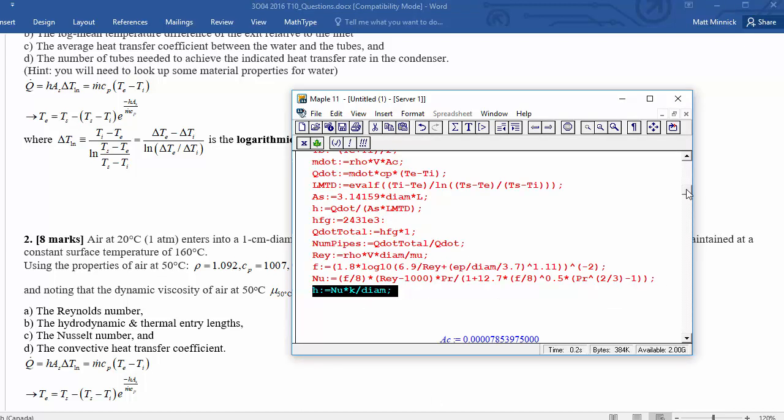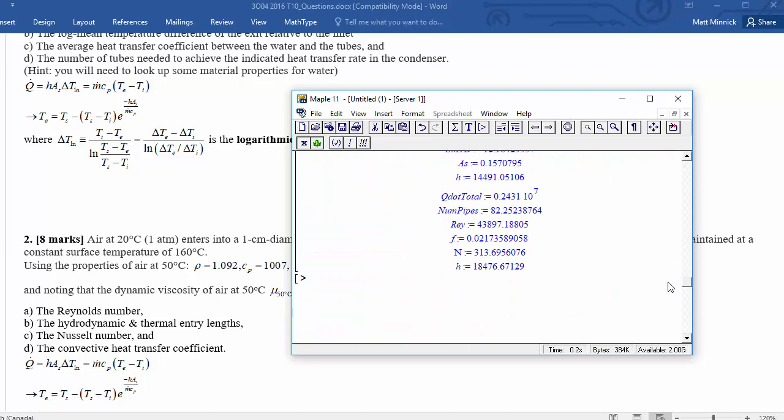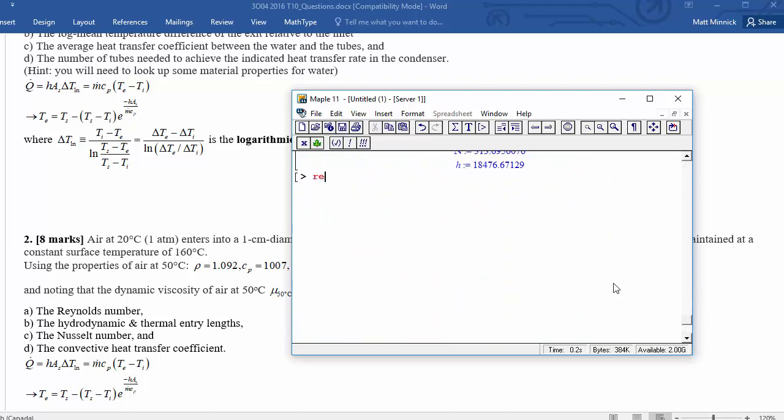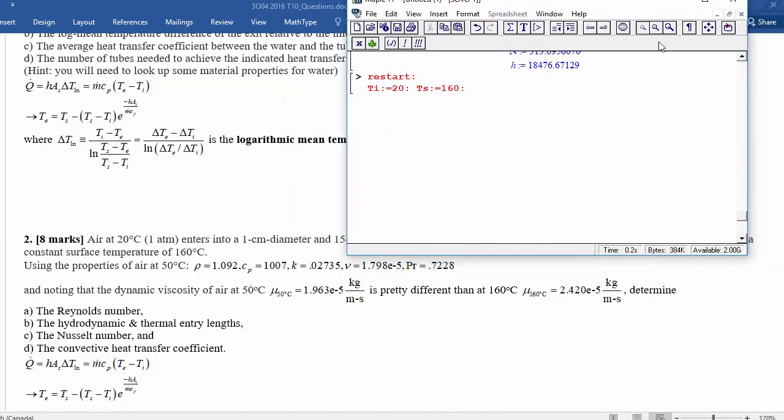So we know what the inlet temperature is, but we don't know the exit temperature. So what can we do? We can say that Ti is equal to 20. We can say Ts is equal to 160, constant surface temperature again. And we can put in some fluid properties.